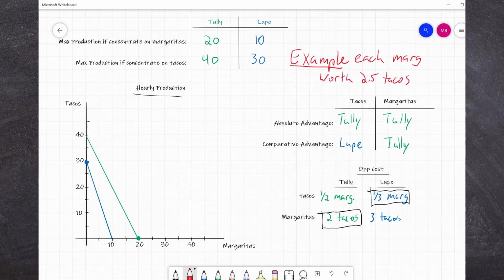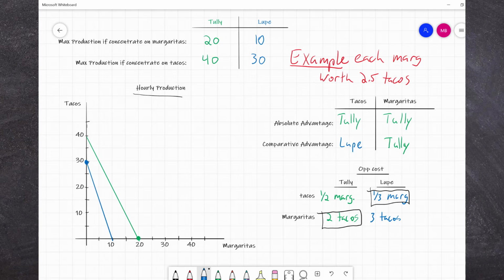And let's say they both specialized for an hour in the good they have a comparative advantage in. So they're at that green dot that we were talking about before. Tully's just producing margaritas and Lupe's just producing tacos.